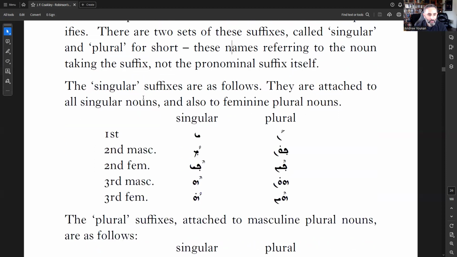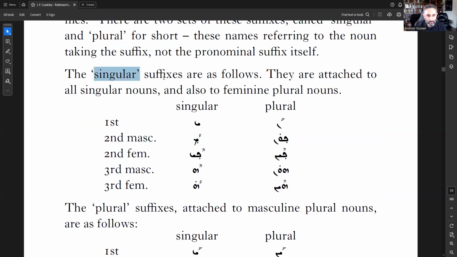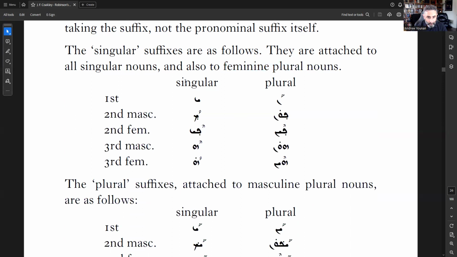Anyway, the singular, quote unquote, suffixes are as follows. They are attached to all singular nouns and also to feminine plural nouns. Yeah, that's another reason not to call them singular, but whatever. First person, i. Second person masculine, ach. He'll give examples later.